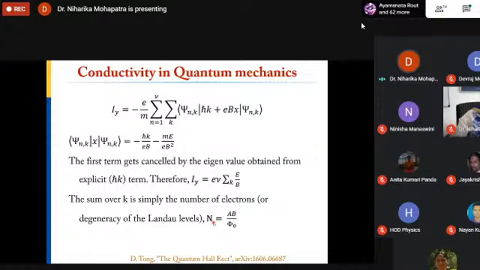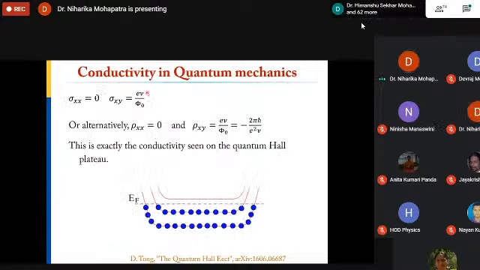This is the same nu that you observe in the integer quantum Hall effect. Ultimately you can convert this to your resistivity. So rho xx is 0 and rho xy is minus 2 pi h cut by e square nu.